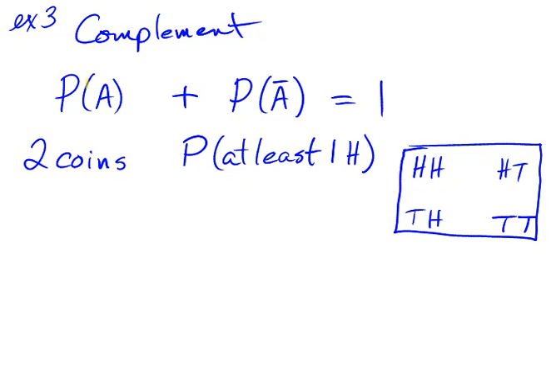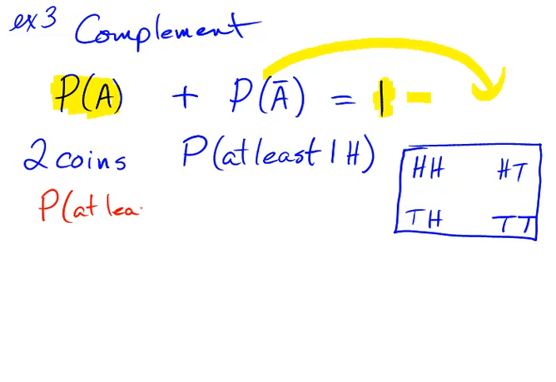So if we're trying to find the probability of some event, we should be able to take 1 minus the probability of it not happening. So if I go with that, the probability of at least 1 head should be equal to 1 minus the probability of no heads.